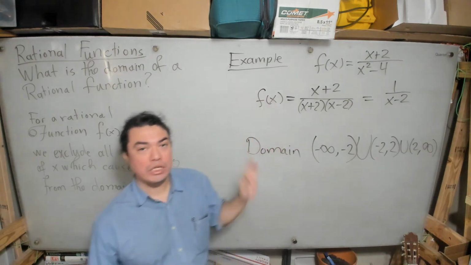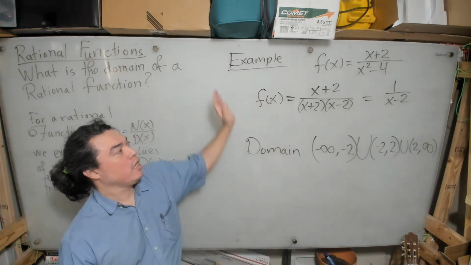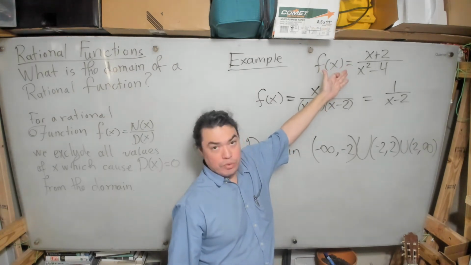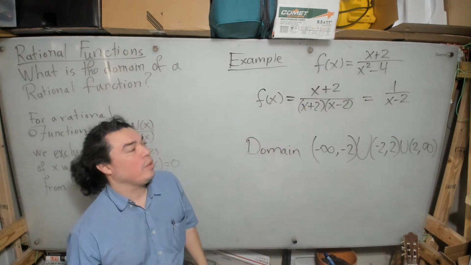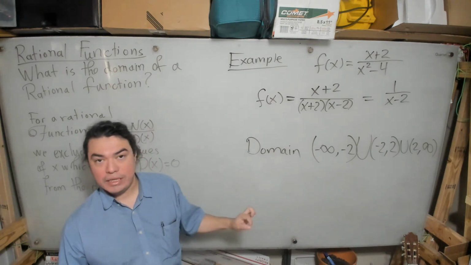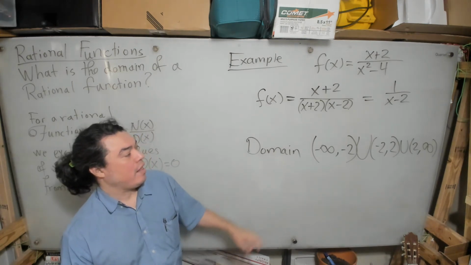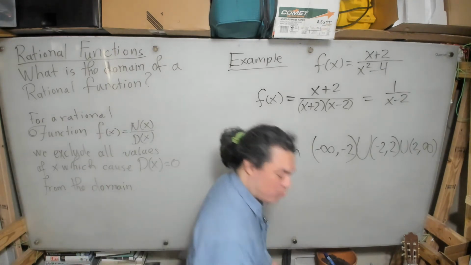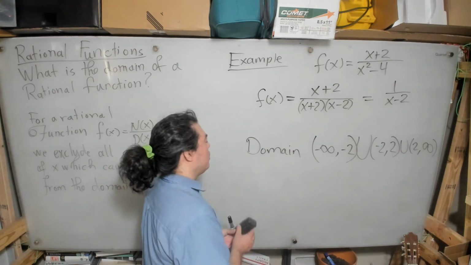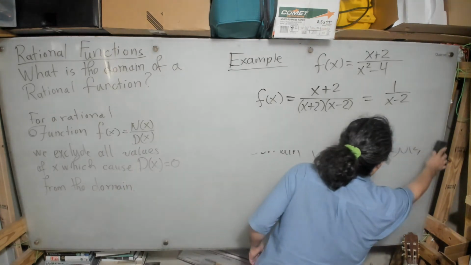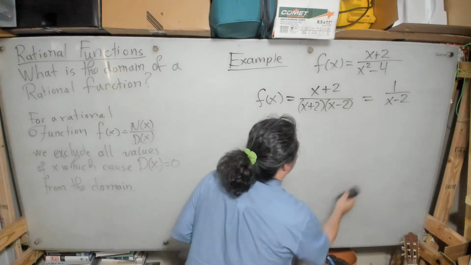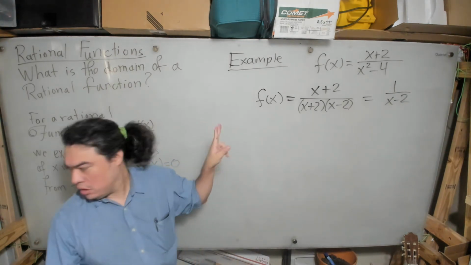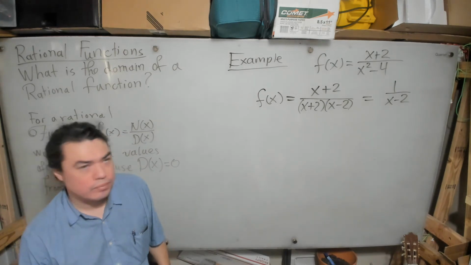And the answer was, and is, and shall be, that the d of x, the denominator that we're considering, is the original one. And we will eliminate all the values of x that make that original denominator 0, and that's what gives us the domain. Now, I want to discuss a brief side point here. You might have noticed that I felt a little bit of trepidation at the thought of using the terminology of canceling the x plus 2 from the top and bottom.